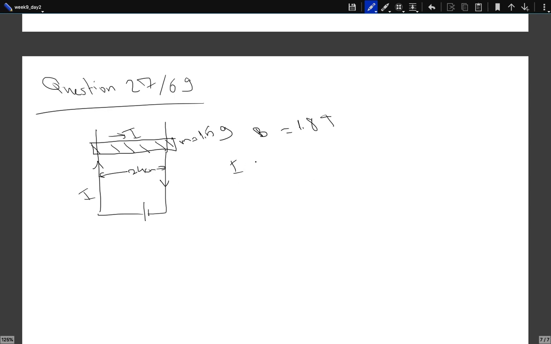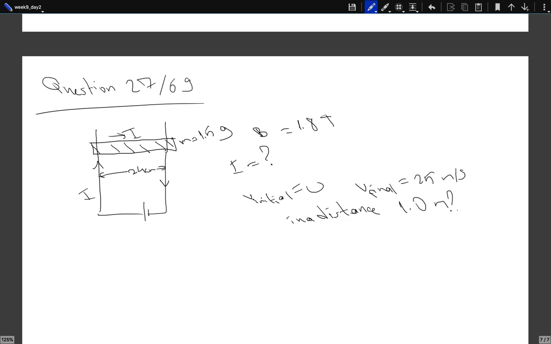And what should be the current I, if the initial velocity is 0, the final velocity is 25 meters per second in a distance of 1.0 meters?